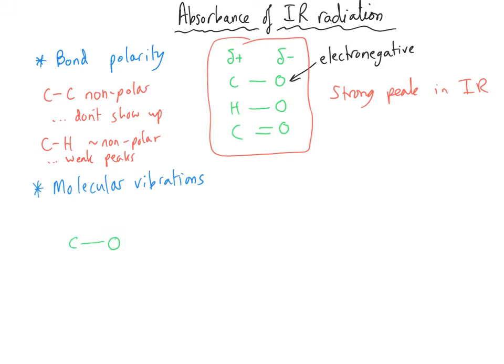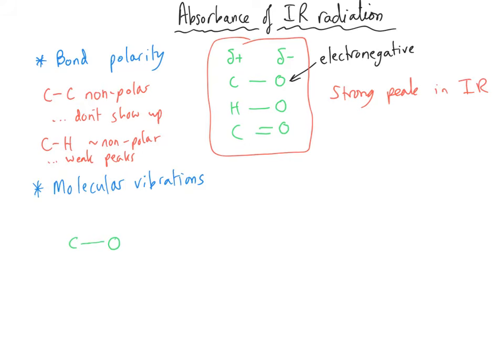And the second aspect of this is very leading. The implication here is that molecules are vibrating, and most specifically what we mean here is that if you consider a pair of atoms such as carbon and oxygen in this bond here, they don't have a fixed position and bonds don't have a fixed length.